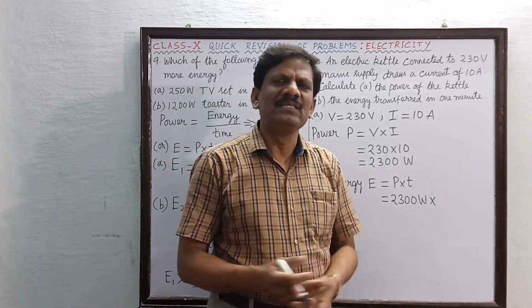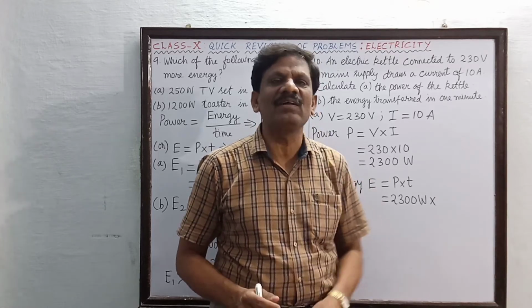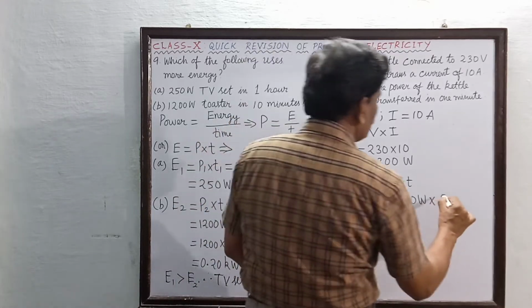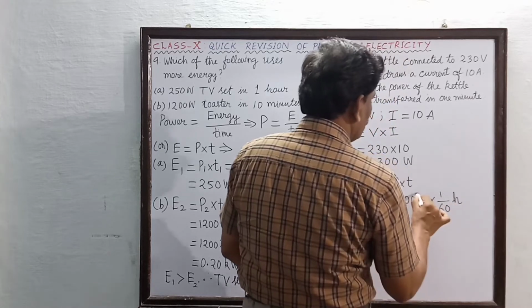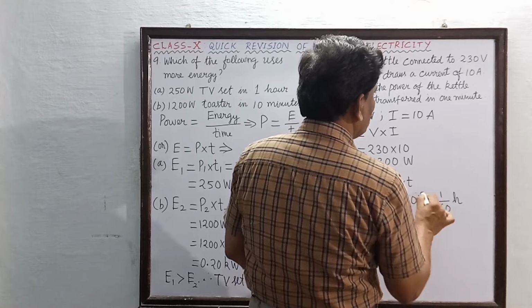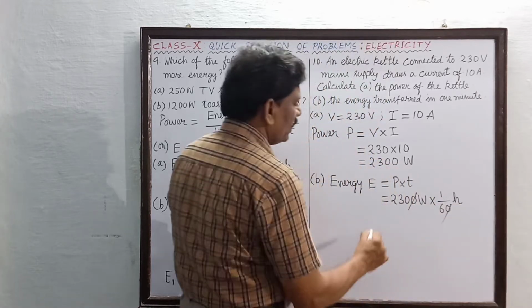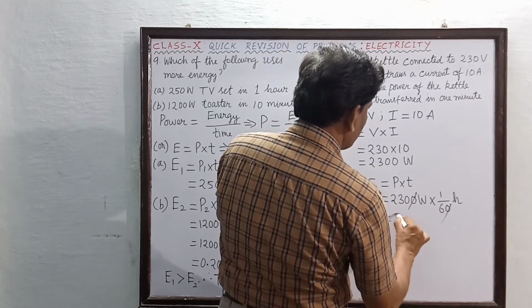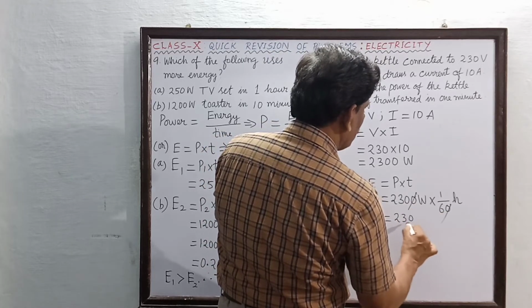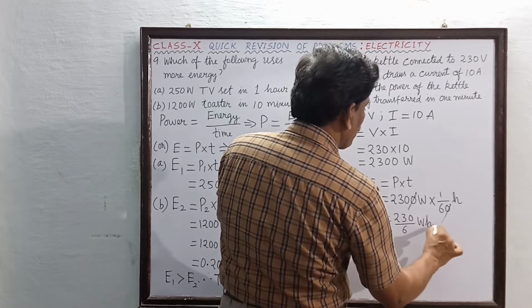Here you have to convert it into hour. 1 minute is 1/60th of an hour. So this is equal to 230 divided by 6 watt hour.